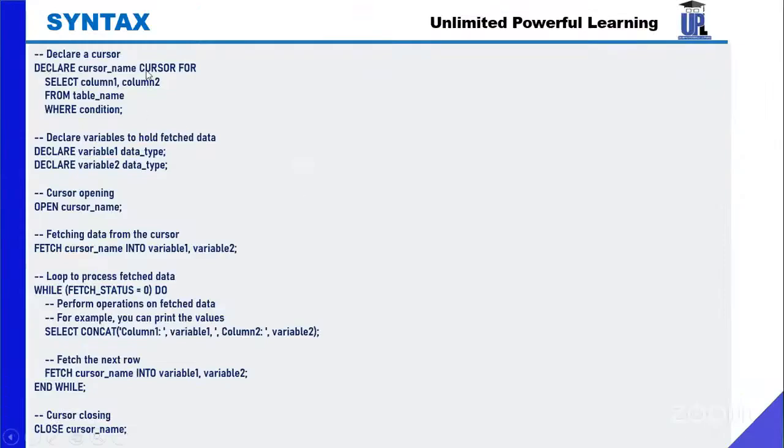You have to declare a cursor, and there should be a table associated with it. Whether it is a single column cursor or multi-column cursor, for as many columns as you are taking, that many temporary variables you have to take. This is a standard procedure. It is like fixing the tap, and now I have to open the tap for water flow. That is nothing but open cursor name.